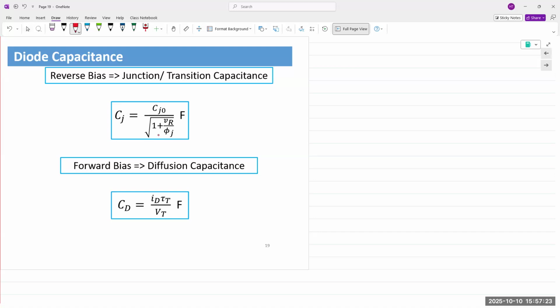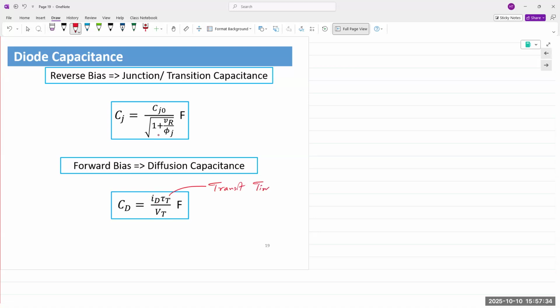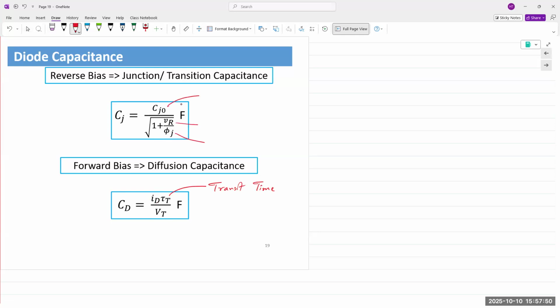Here, these terms are already familiar, ID and VT. Tau T is the transit time of a charge carrier. Okay, transit time. CJ0 here, phi j is the barrier potential, VR is the reverse bias applied voltage.